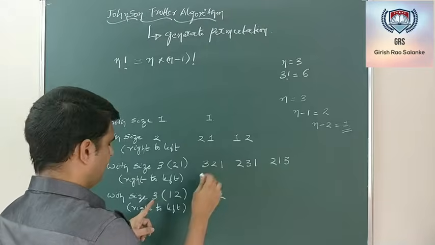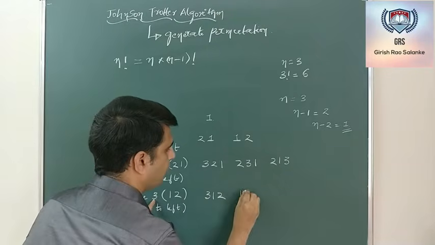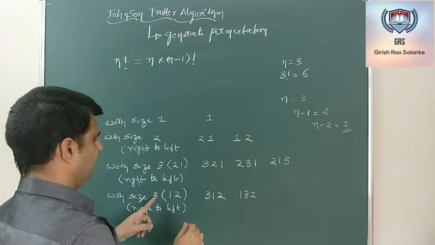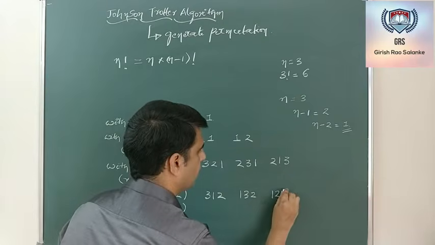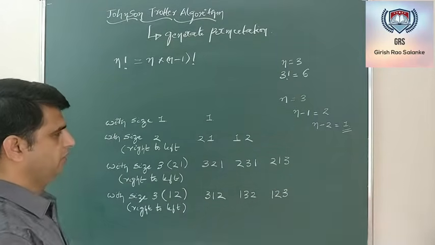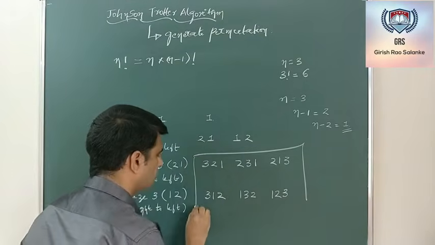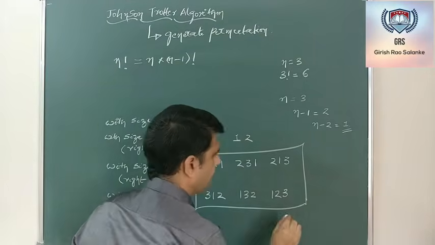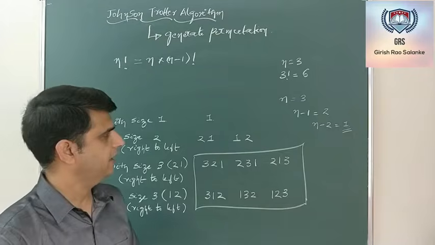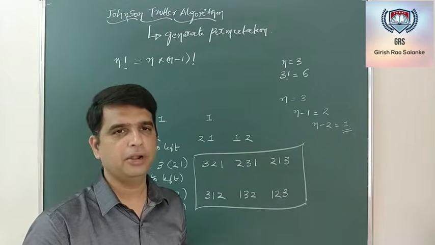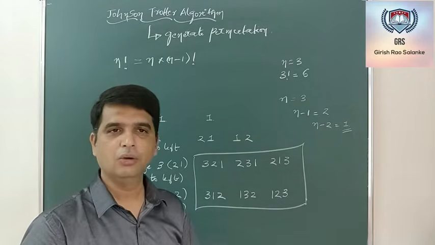Next I will try to insert 3 in the middle. This is 1, 3, 2. Next I will try to insert 3 at the end. This is 1, 2, 3. So if you see, this is the solution to my problem, wherein I have generated 6 different permutation for n is equal to 3.